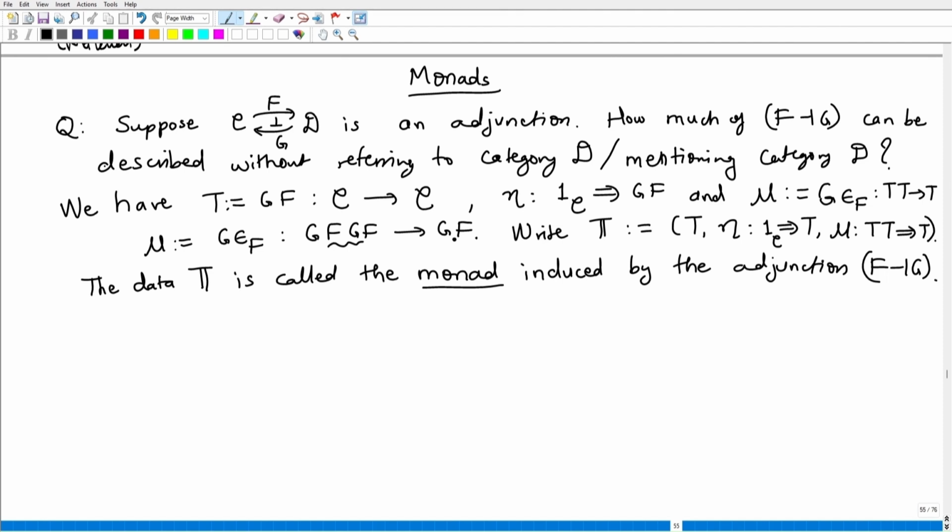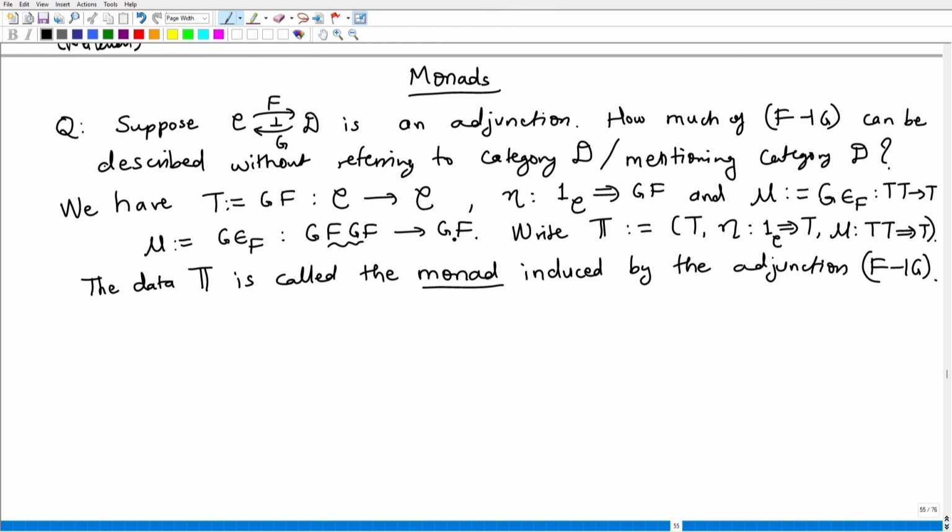Imagine the same kind of situation where T is now a set, identity is a singleton set, and a natural transformation is a function. Then what do you have?